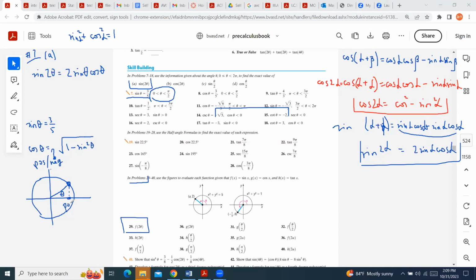It's a number in between 0 and 1, so it is positive, so it's plus, not negative. It could be negative, depends on the quadrant. So the key part is here. They gave us theta because technically, if you are given that sine is 3/5, that's what I should have put here first. Sine is 3/5.